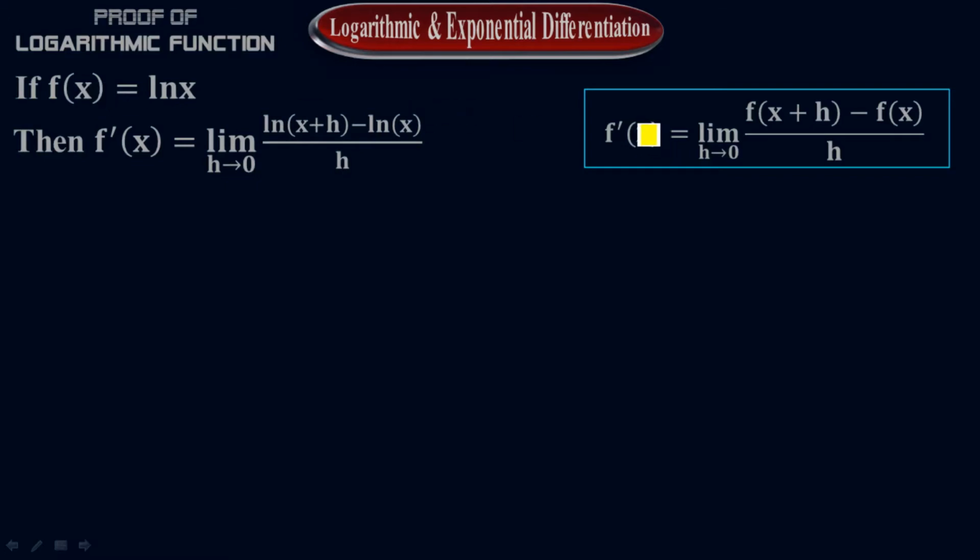As I have here, f prime of x uses f of x plus h, so it will be natural log of x plus h minus natural log of x, which is f of x. Just plug in f of x equals natural log of x, and add h, all over h, where h approaches 0. It is according to the definition of the derivative.